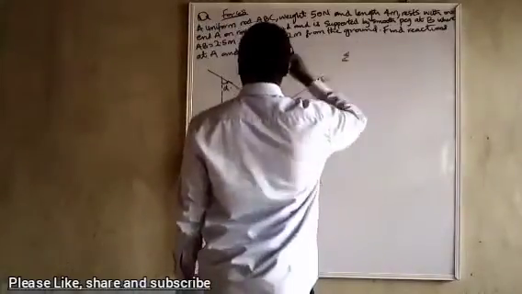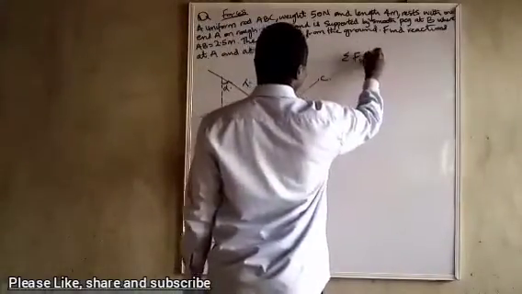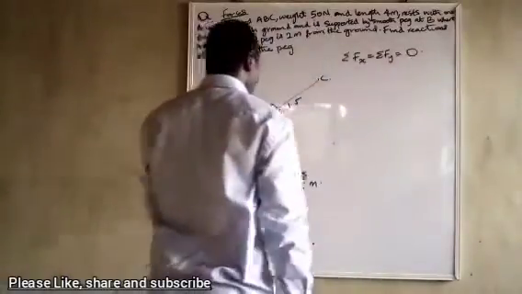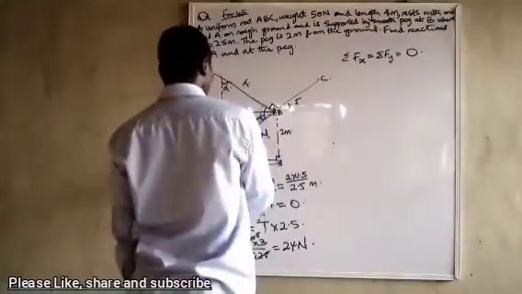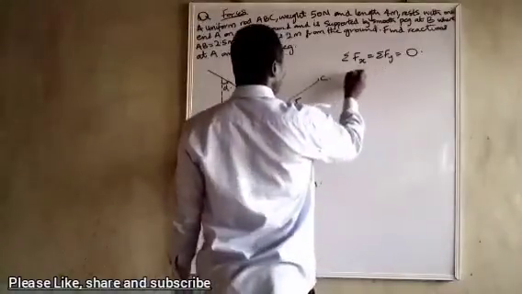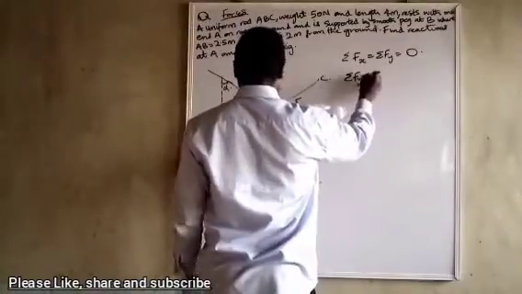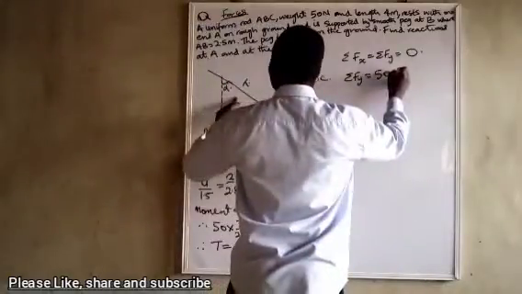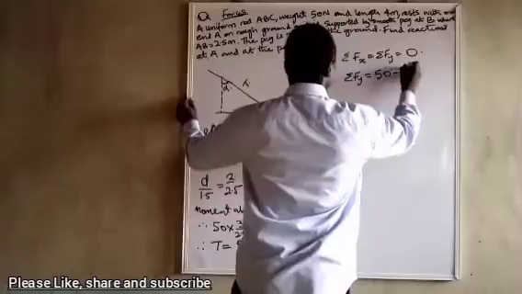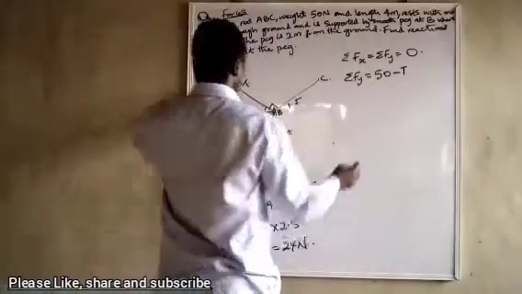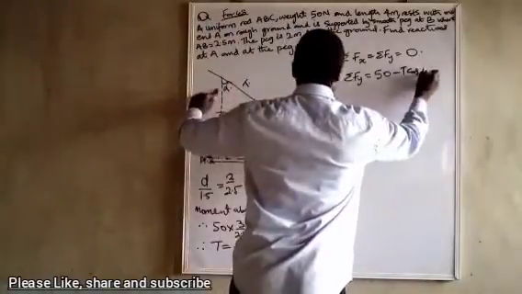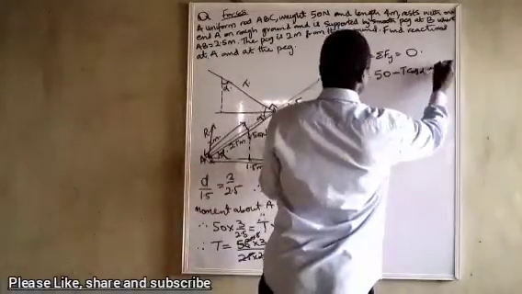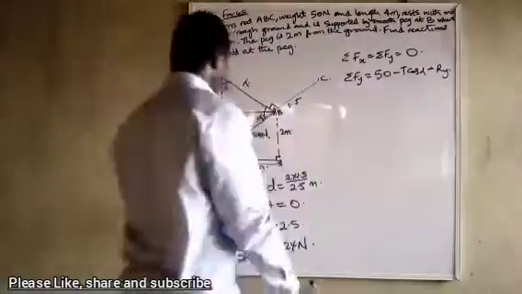Summation of the forces in the x direction is equal to summation of the forces in the y direction is equal to 0. Now, what is the summation of the forces in the y direction? Summation Fy will be equal to 50 minus T cos alpha minus Ry.